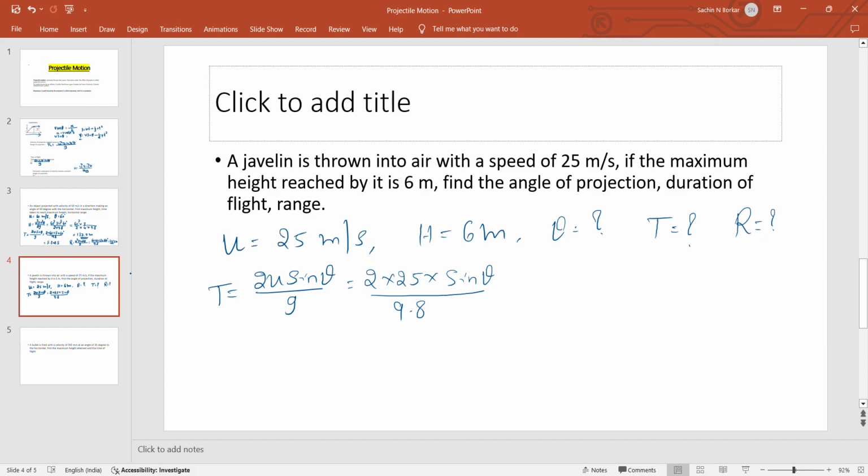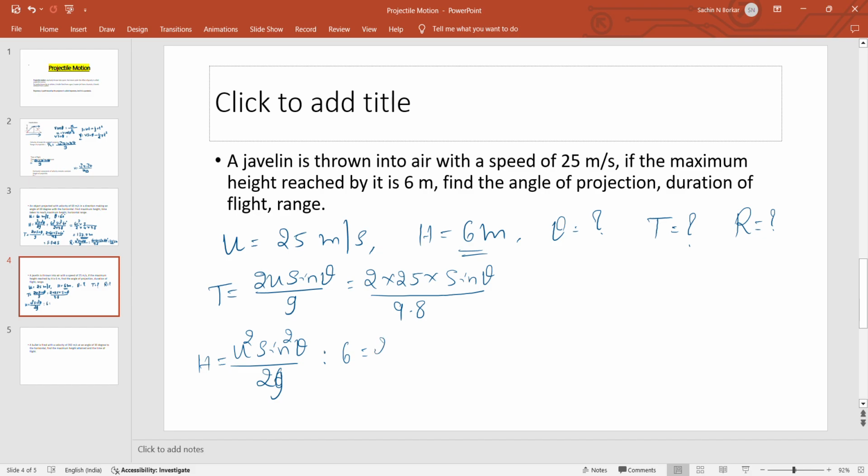For that we can use the formula. Here given is h is equal to 6 meter. So h is u square sine square theta by 2g, and it's given its height is 6 meter.